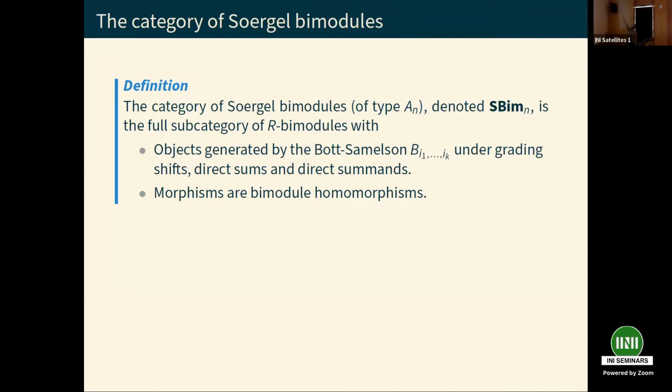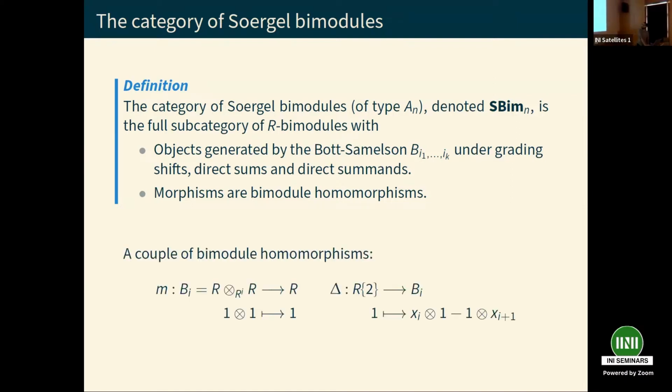So I'm looking at all the bimodules over the polynomial ring in n variables that are generated by these guys I just showed you under the operations of grading shifts, direct sums, and crucially direct summands. Some interesting indecomposable modules show up when you take direct summands, but those won't really play much of a role in this talk. That's the category of Soergel bimodules. The morphisms are just bimodule homomorphisms. This is a full subcategory.